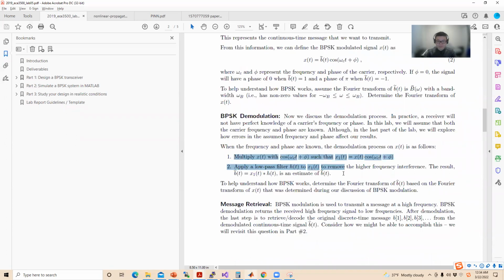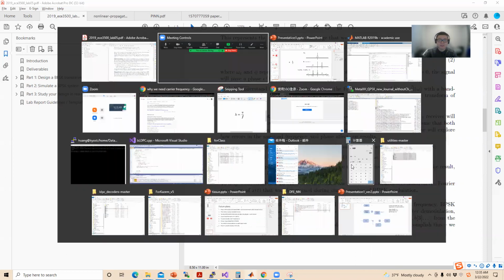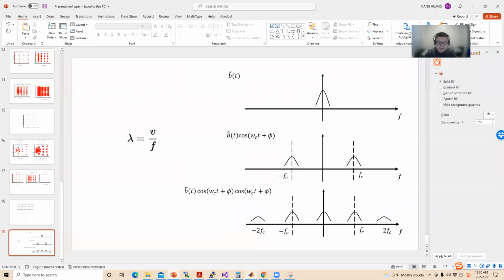Let's go back to here. Demodulation. Firstly, we should multiply x(t) with the cosine of omega c t plus phi. And this x(t) is the transmitted signal, it's just our transmitted signal. So why do we do this? If you check this figure, this is our x(t).